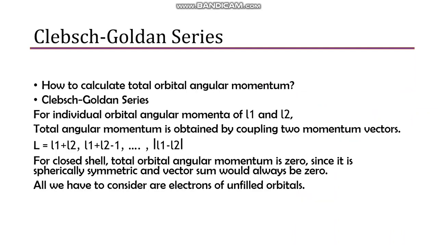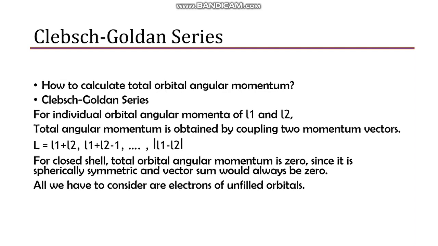For many electron systems, we use the Clebsch-Gordan series to calculate total orbital angular momentum. Let's say L1 and L2 are the individual orbital angular momenta of two different electrons. L1 and L2 are vectors, and the total momentum is the set of coupling those two vectors. Then the possible set of total momentum has a maximum value of L1 plus L2 if L1 and L2 are in the same direction.